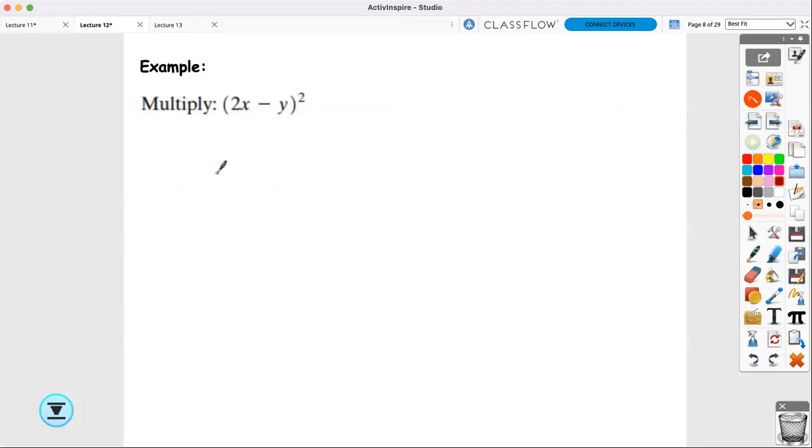Now we have to multiply (2x minus y) squared. I'll give you a moment to write that down.